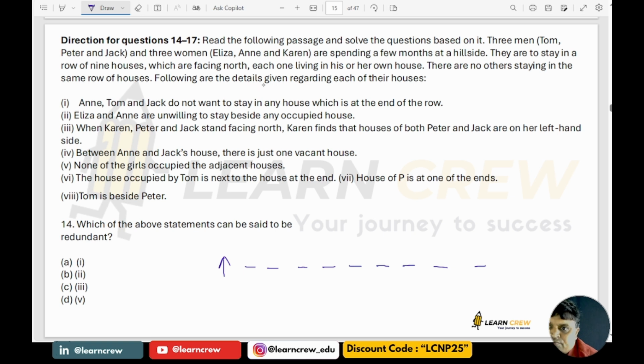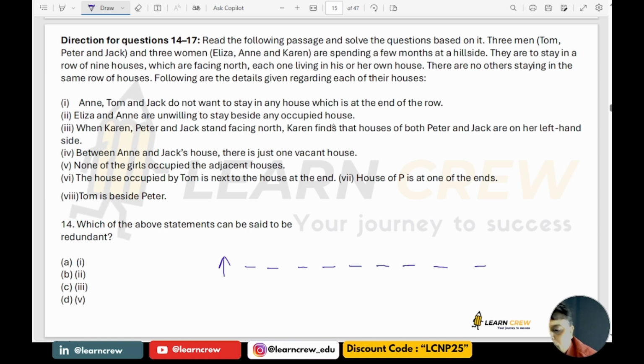Following are the details given regarding each of their houses. Annie, Tom and Jack do not want to stay in any house which is at the end of the row.